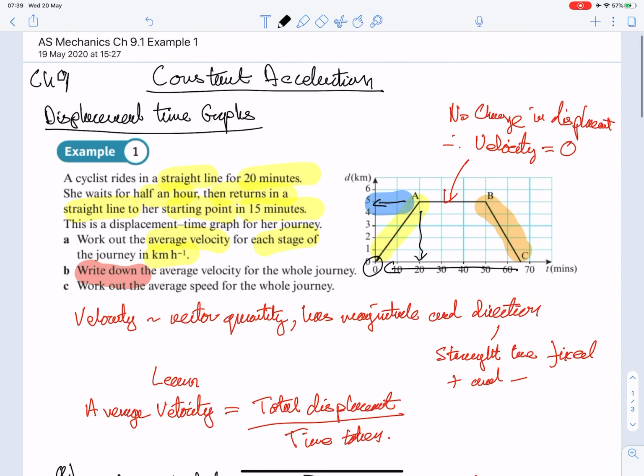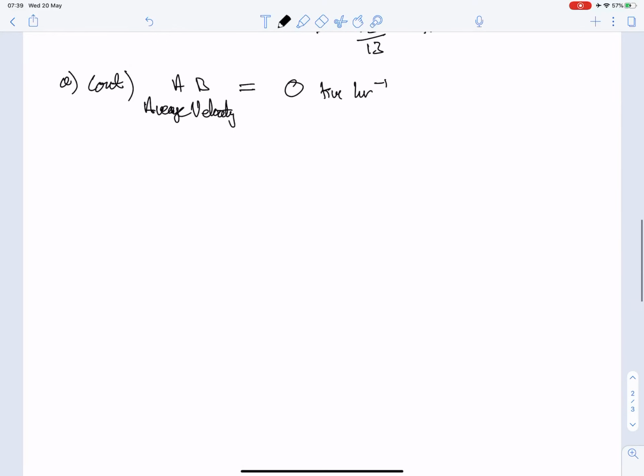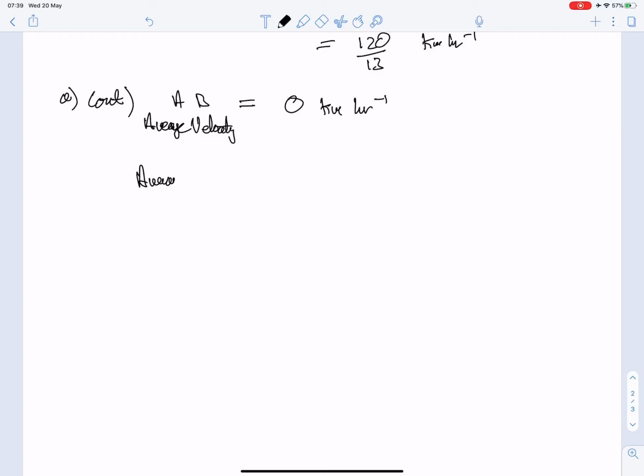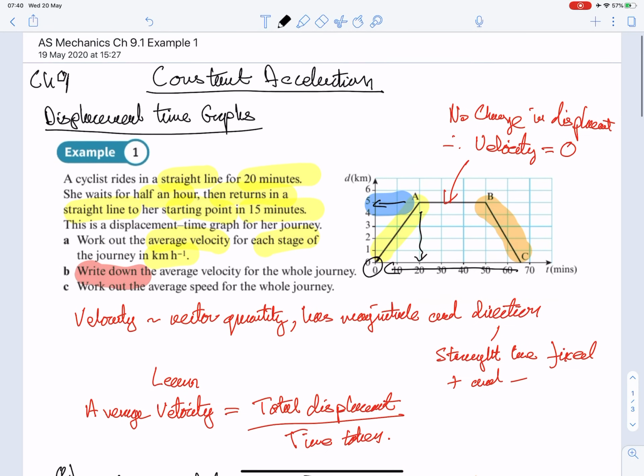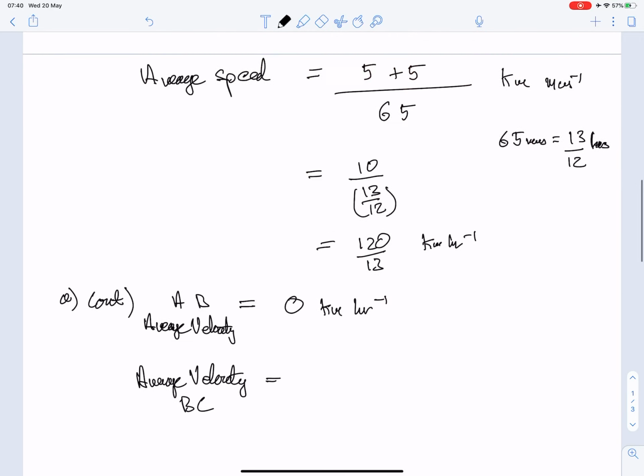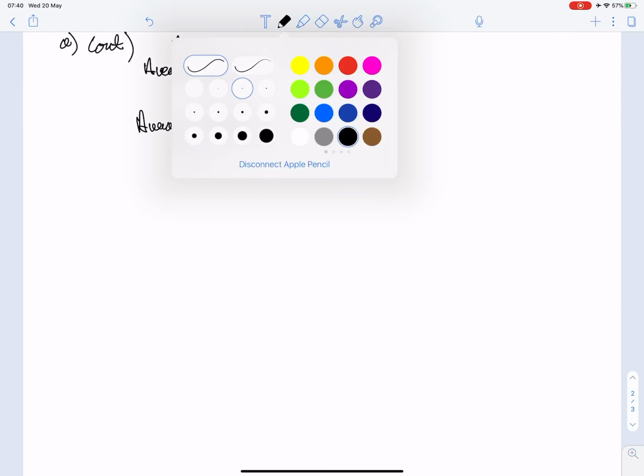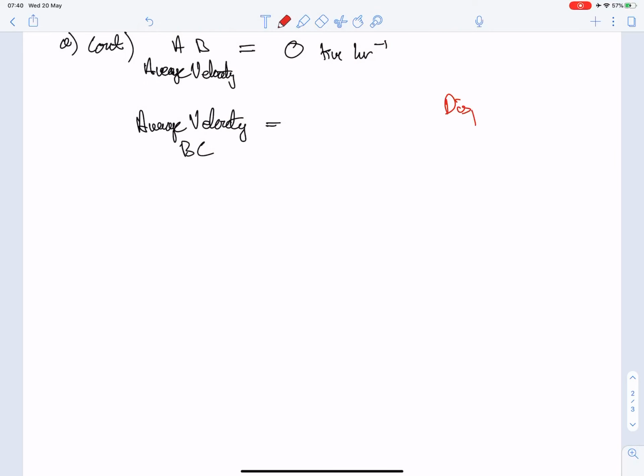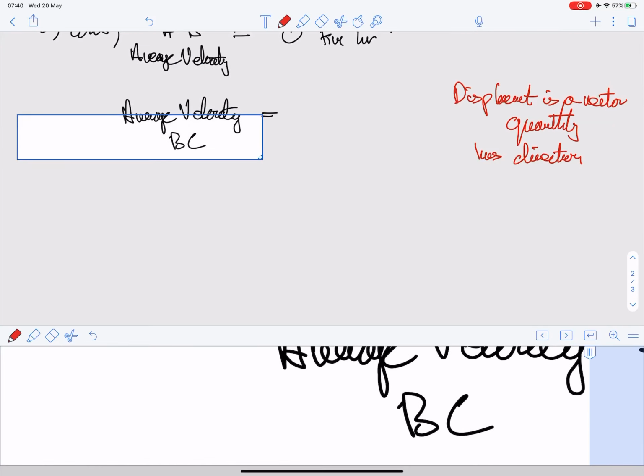And then we've got BC. Average velocity BC is equal to the displacement. Well, displacement has direction. Displacement is a vector quantity.